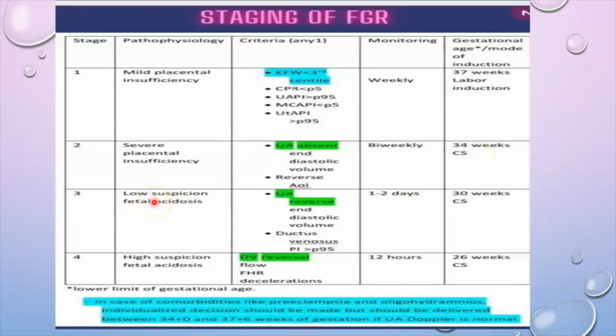In grade 3 IUGR, there is reversal in the umbilical artery in which termination should be done at 30 weeks by a caesarean section. And in grade 4 IUGR, which is a high suspicion of fetal acidosis, there is a reversal of flow in the ductus venosus and there are fetal heart rate decelerations in which the pregnancy needs to be terminated at 26 weeks by a caesarean section.